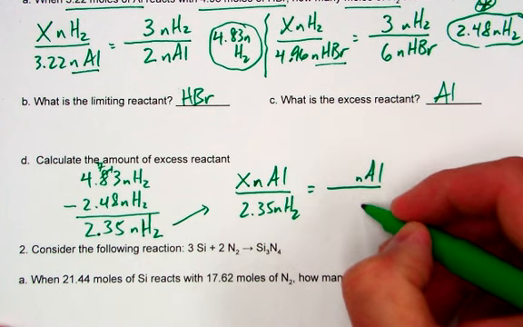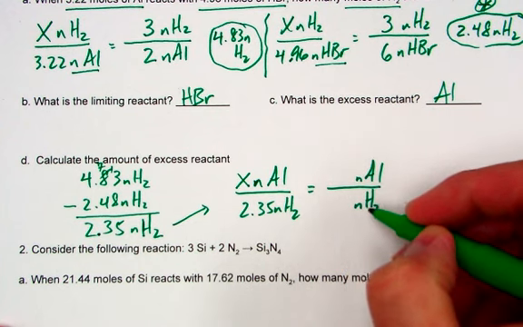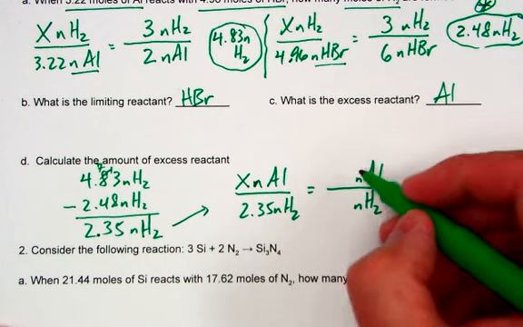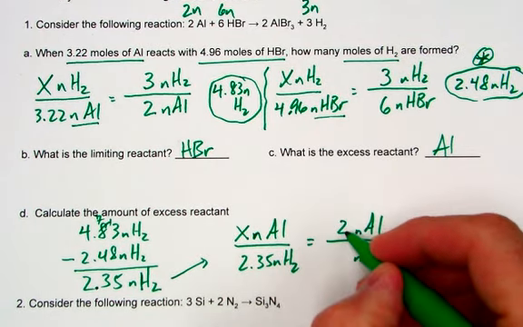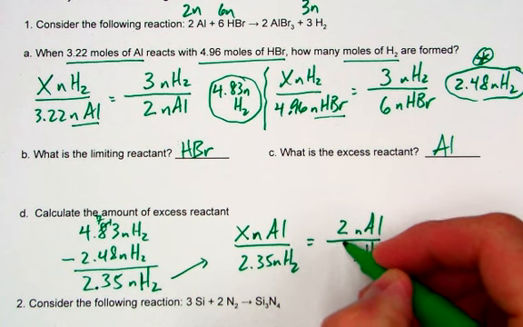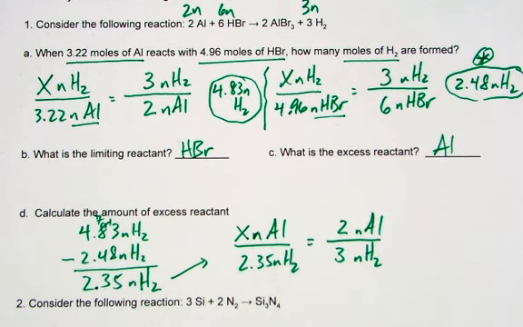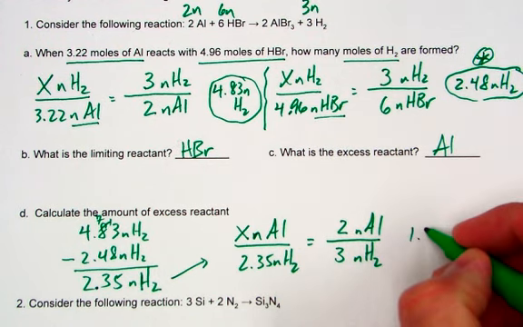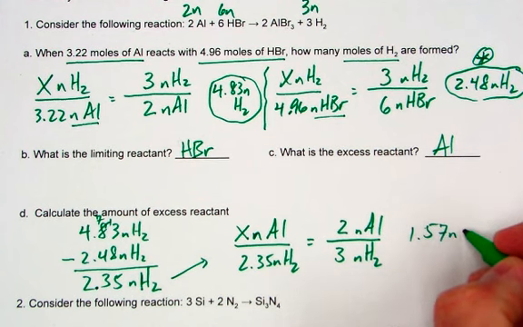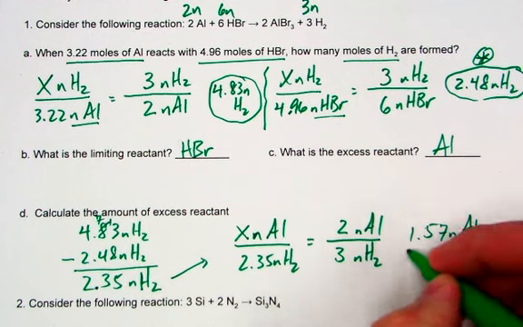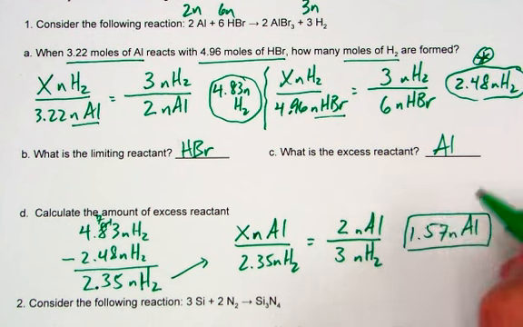So bringing our units across and then grabbing the numbers from the equation. So for aluminum in the equation, it should be a 2. And for hydrogen, it's going to be a 3. So 2.35 times 2 divided by 3, we get about 1.57 moles of aluminum. Okay. So this number here is our excess reactant.